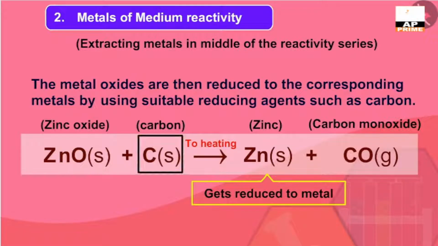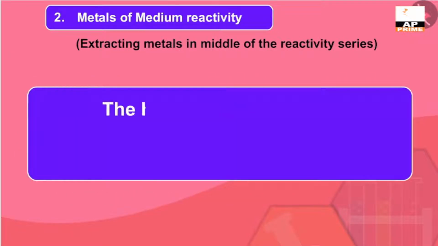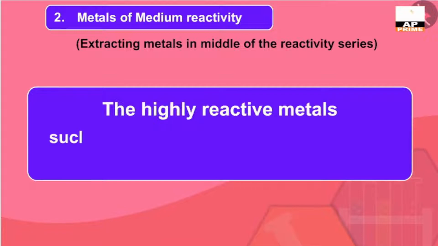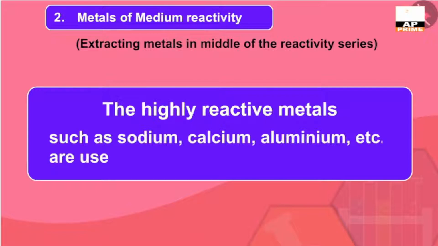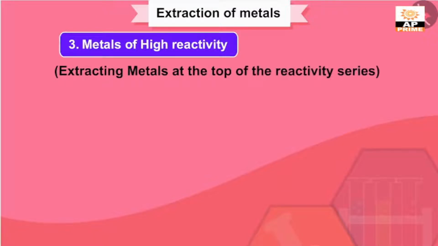Besides using carbon, coke, to reduce metal oxides to metals, sometimes displacement reactions can also be used. The highly reactive metals such as sodium, calcium, aluminium, etc. are used as reducing agents.